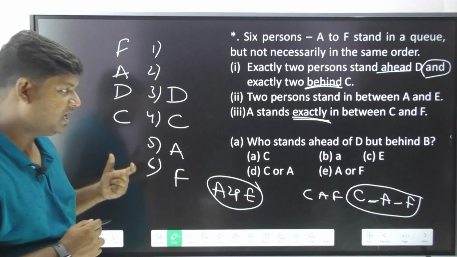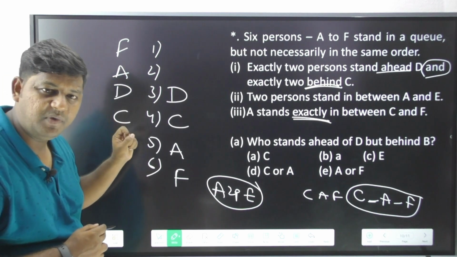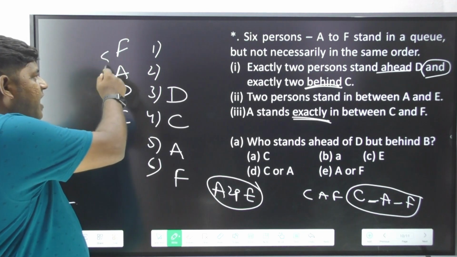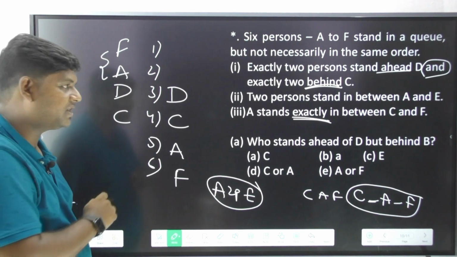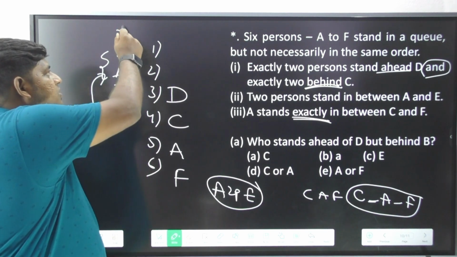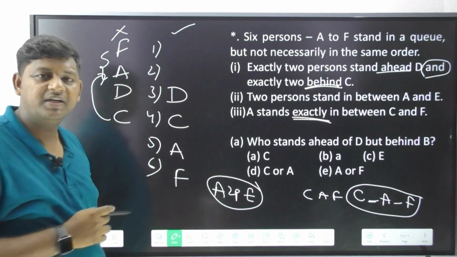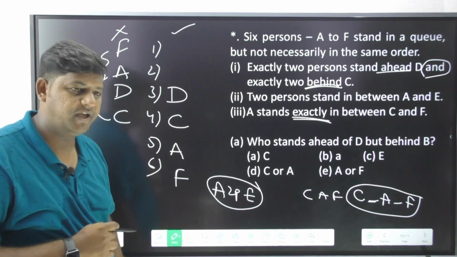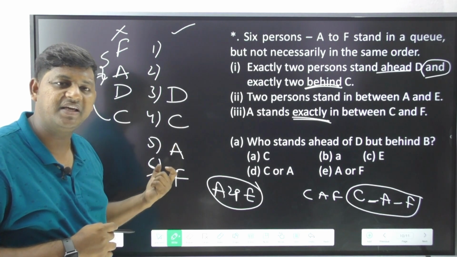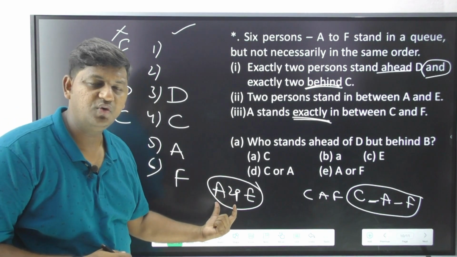No, because whatever distance it maintains between C and A, the same distance should be maintained between F and A also. But here between these two, 0 persons are there, and between these two, 1 person is there. So this possibility is also ruled out. So definitely this possibility is going to be the correct one. Exactly in between C and F, I have to bring whom? A.